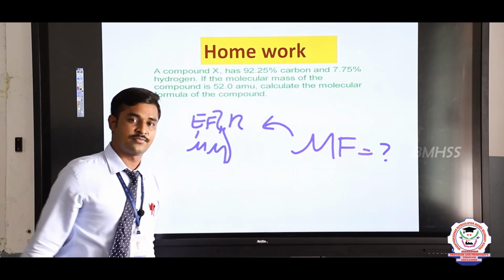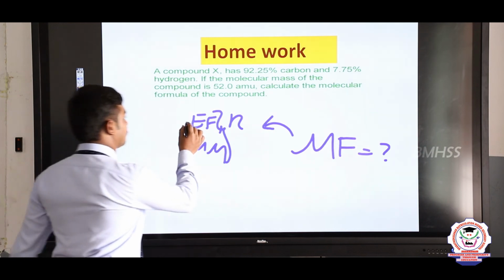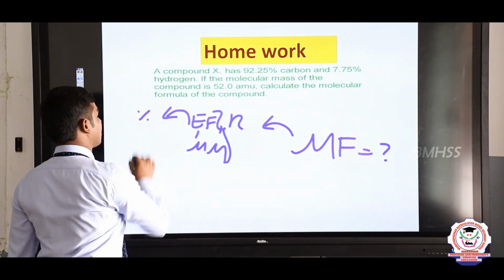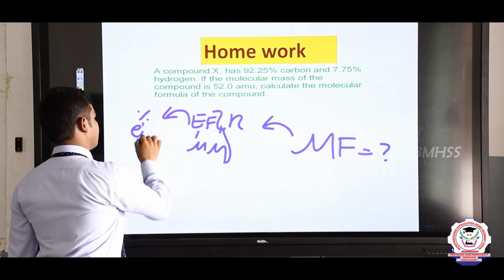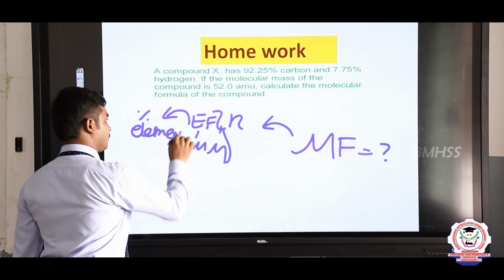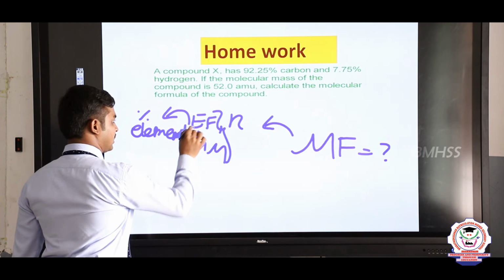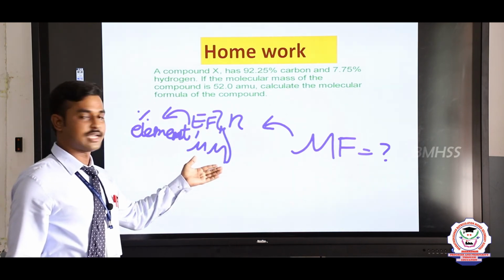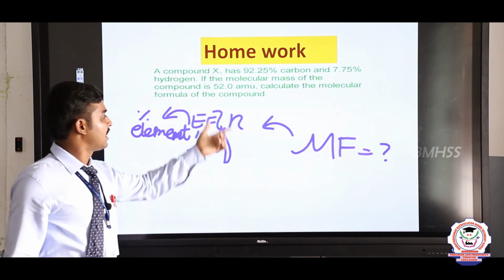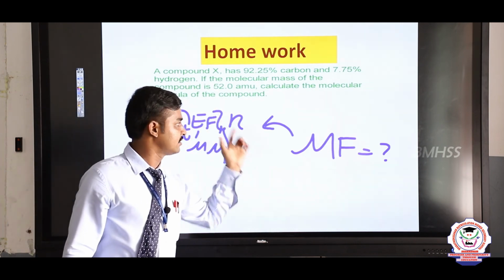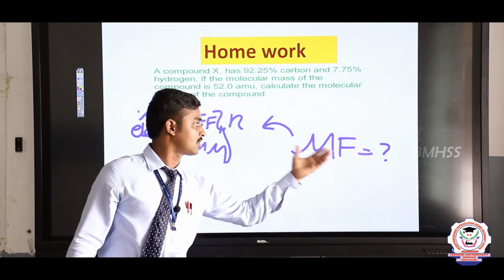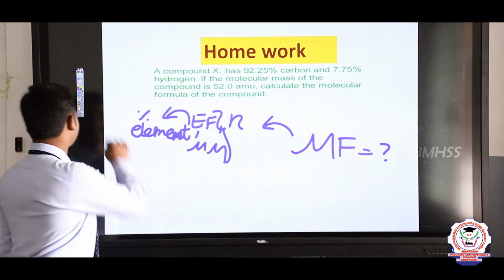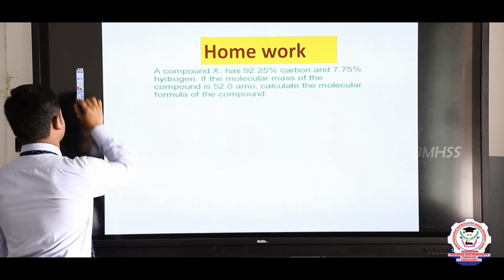How can you find the empirical formula? To find this, we need to have the percentage of the elements. From the percentage of elements, we can find the empirical formula, and we already have the molar mass in the sum, and we can easily find the number n. So, the molecular formula is calculated easily. So, it is your homework, you need to find the answer.